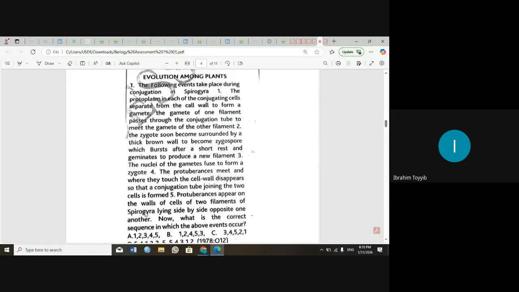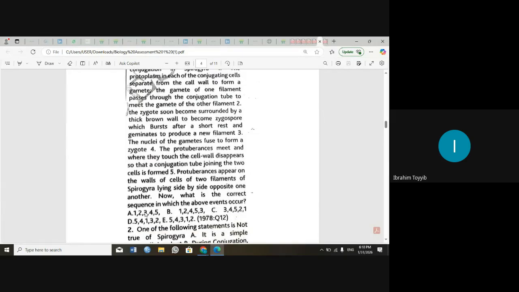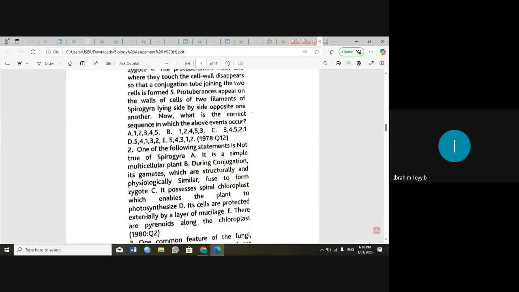You can screenshot the particular question on your phone so that you can go and look at it more. One of the following statements is not true of Spirogyra. A: It is a simple multicellular plant.